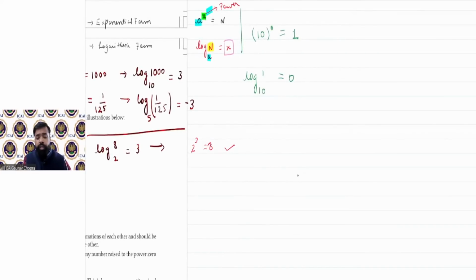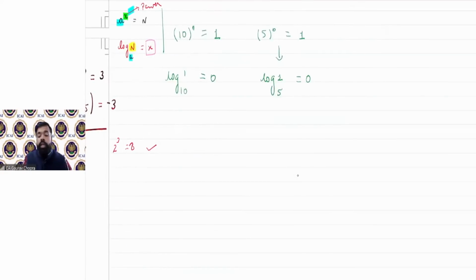If we write, let's say, 5 to the power of 0, what is 5 to the power of 0? It is 1. Now let's convert this also into logarithmic form. So log of 1 base 5 is equal to 0. If we write 20 to the power of 0, again the result is 1. So if we convert this, the log of 1 base 20 is equal to 0.